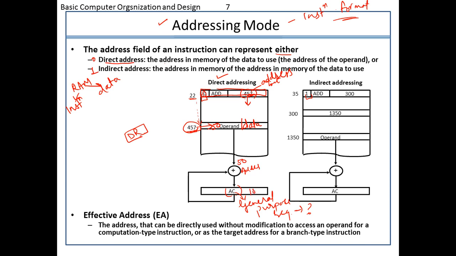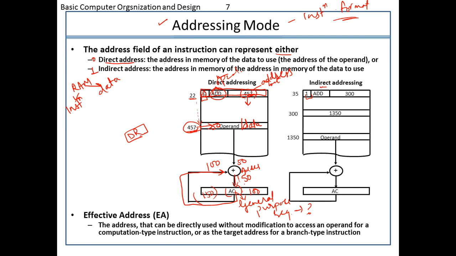This accumulator, let's suppose, has the value 100. This 100 value came here. 100 plus 50 will give me 150. So this accumulator is again storing the data of 150. Got it? So this is how direct addressing will work. Why does it perform the add operation? Because this is the opcode bit.